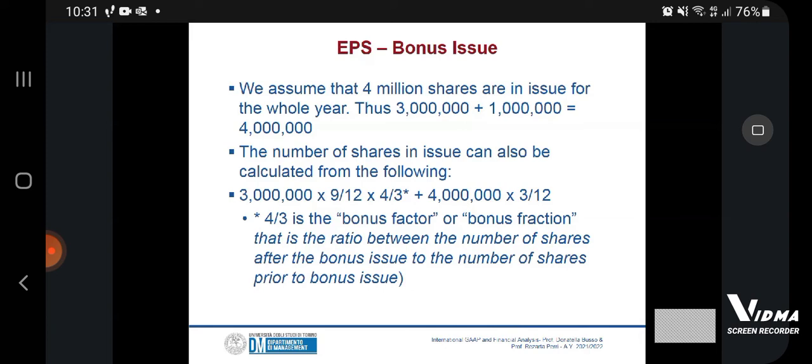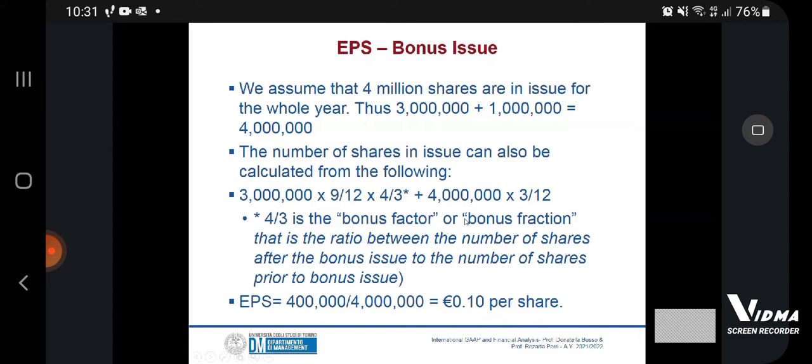Now, not surprisingly, when you complete all the data and calculations over here, you will find that the weighted average number of shares after the bonus issue is 4 million shares.